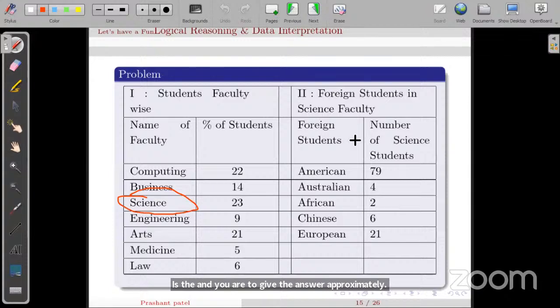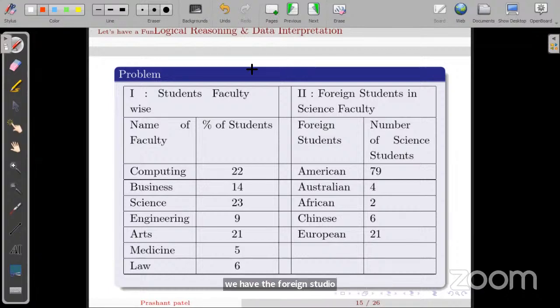So can anyone tell me what to do? See here, the simplest way is you need to calculate the percentage of foreign students in the science stream. So we have the foreign students.